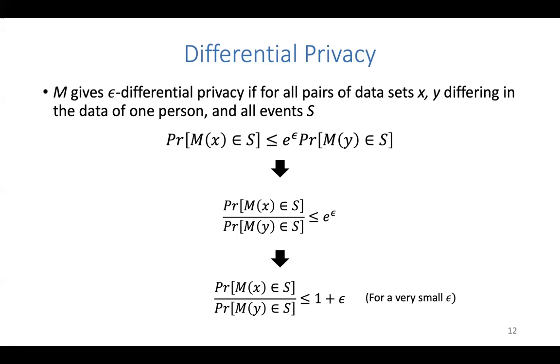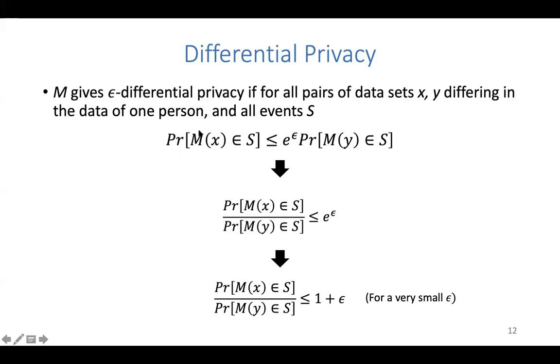Right. So far, so good. Note that this definition of differential privacy has to work for all kinds of data and all kinds of output. It doesn't work for just one.